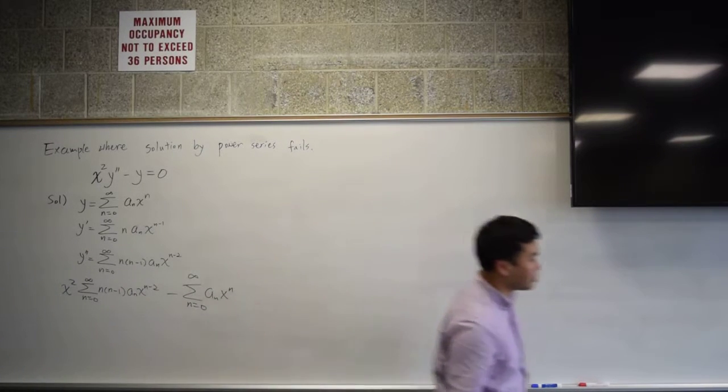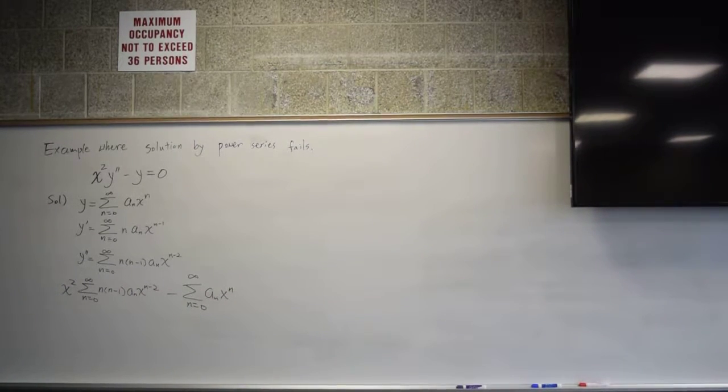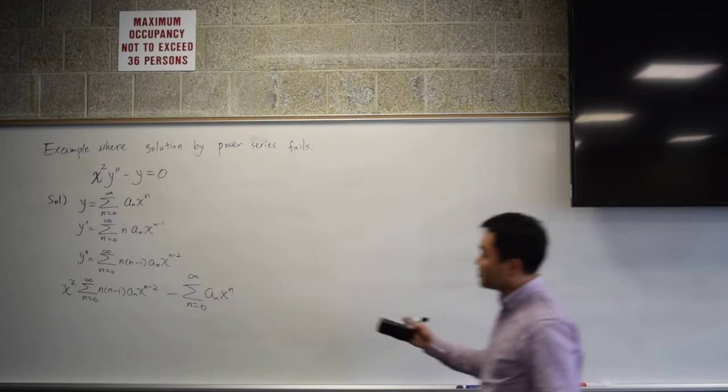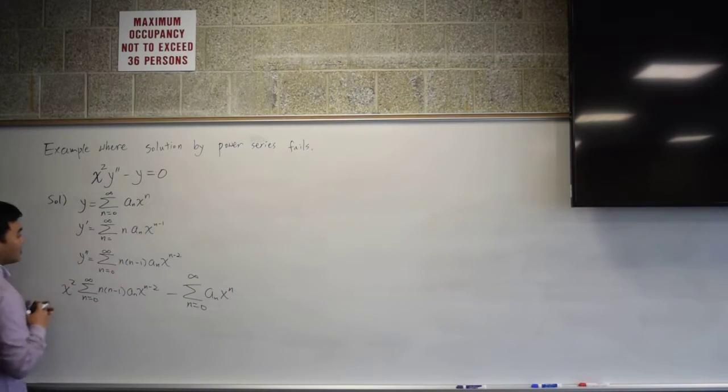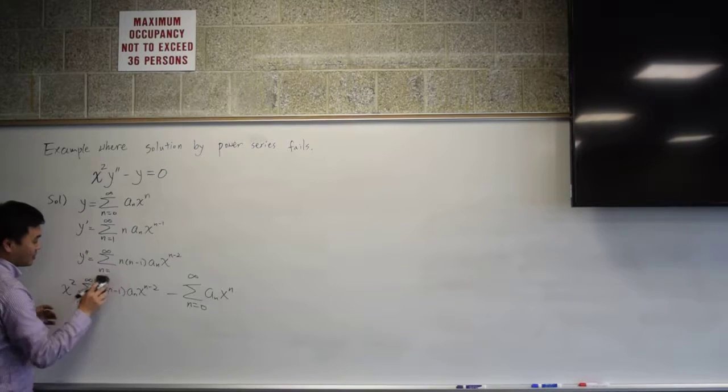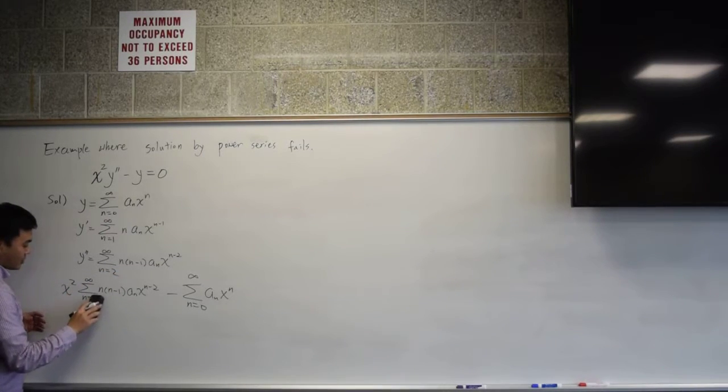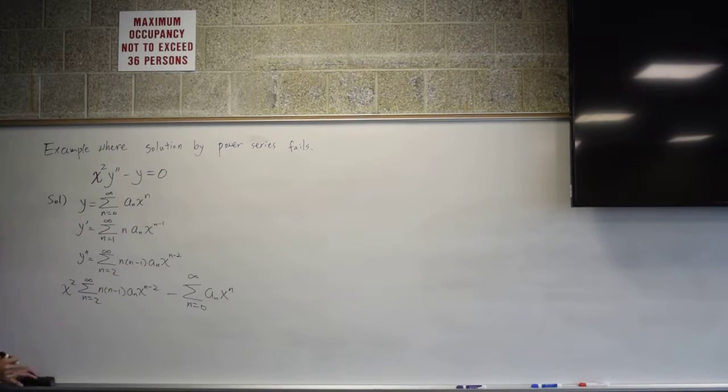I messed up one part of it. Where did I make a mistake? Yeah, the n minus 2. It should be n minus 1, n minus 2. Right? Good. All right.